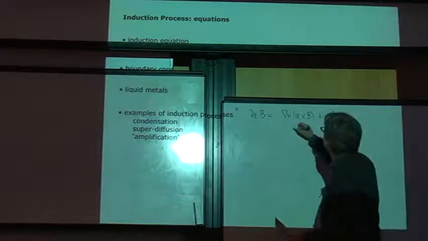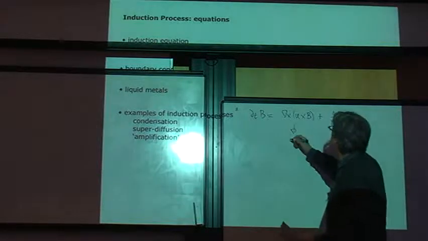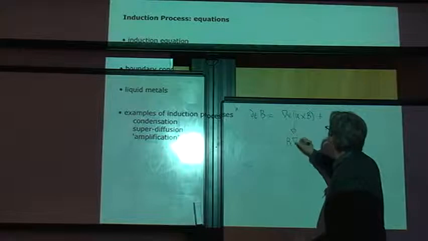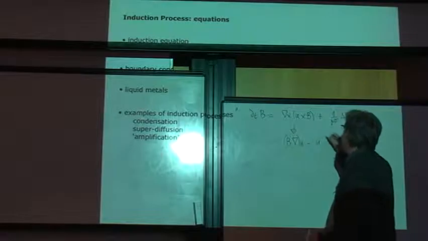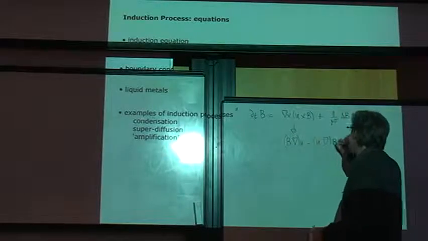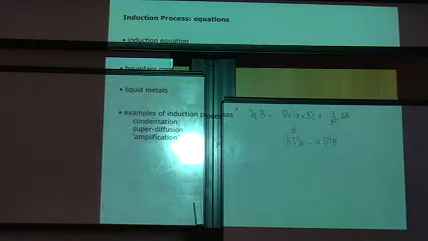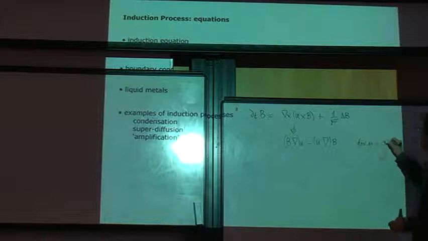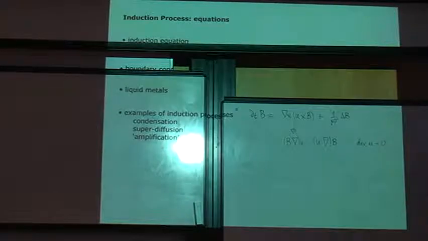So, you know, of course, that these can be changed into B grad U minus U grad B. Now, beyond the math, that's trivial if the flow is incompressible.